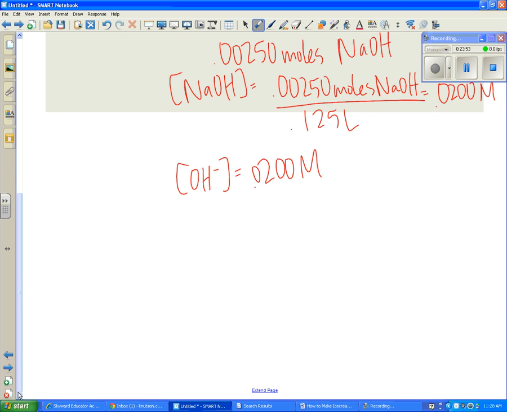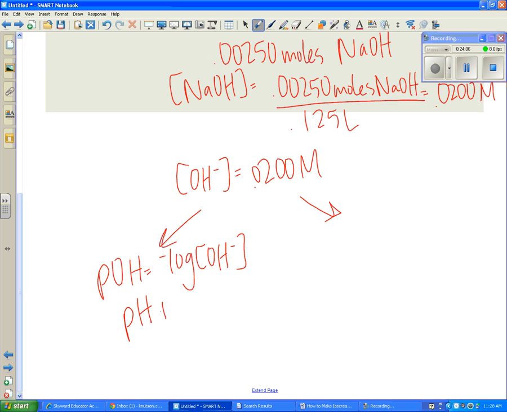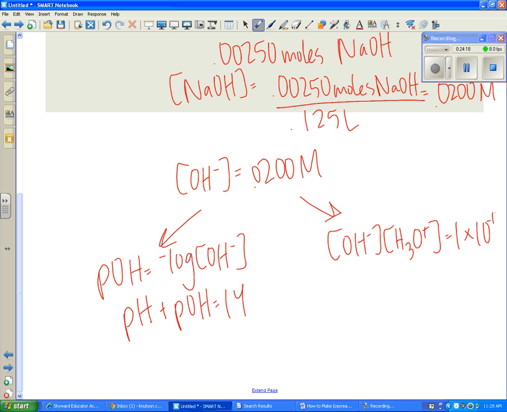We can find the pH in one of two ways. We can calculate pOH, which is the negative log of the hydroxide ion concentration, and from that find pH. Or we could calculate the hydronium ion concentration, and from that calculate pH.